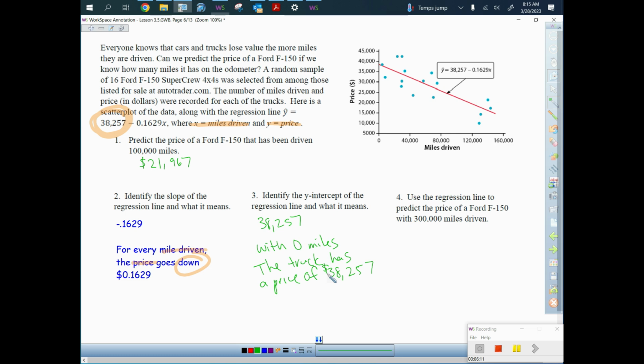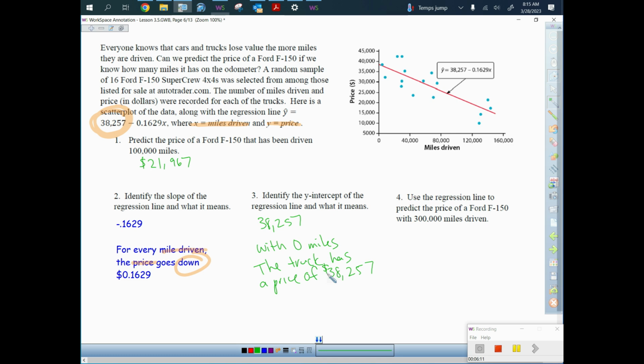Some homework questions are going to ask you if that's even possible. Let's talk it out. Is it possible for a vehicle to have 0 miles on it? Like brand new vehicle straight off the lot. Do you think it'll have 0 miles? It's unlikely, because they have to drive the vehicle a little bit just to get it on the truck, to haul it to the dealership, and then they take it off that, and then they drive it around to the service department to get all the things cleaned up.